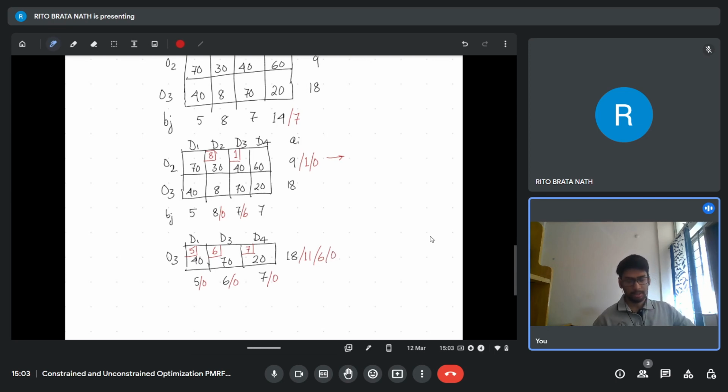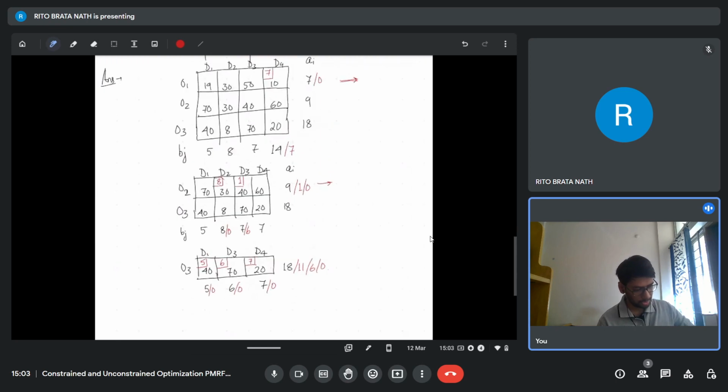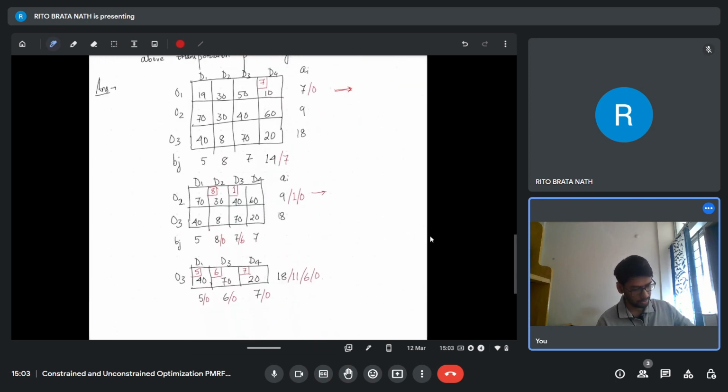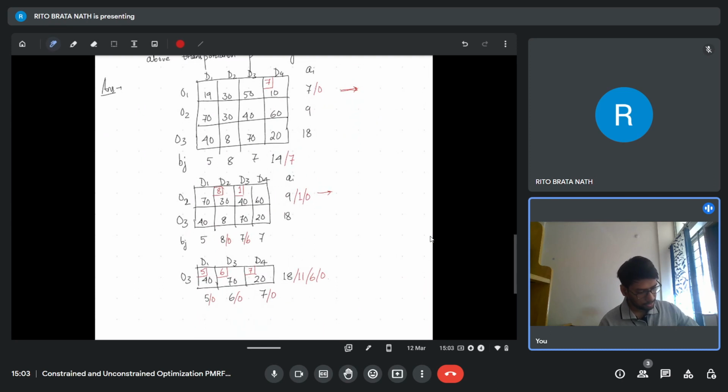Okay, so let's calculate the cost of this initial basic feasible solution. So I'll write down here initial cost equals, first one had 7 times 10, then it had 8 times 30, then it had 1 times 40, then it's 5 times 40, then it's 6 times 70, and 7 times 20.